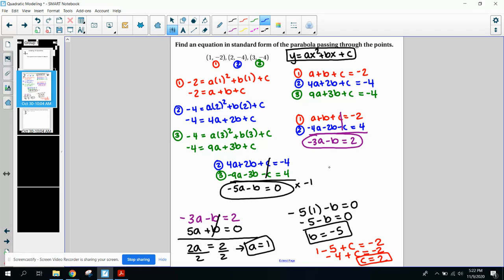So I have y equals, my a is 1, so it's going to be 1x squared, plus bx, so my b is -5, so I'm going to have -5x, and then my c is 2, so I have plus 2. Okay, so this equation right here, this quadratic that I'm boxing like crazy, is your quadratic function that passes through those 3 points.